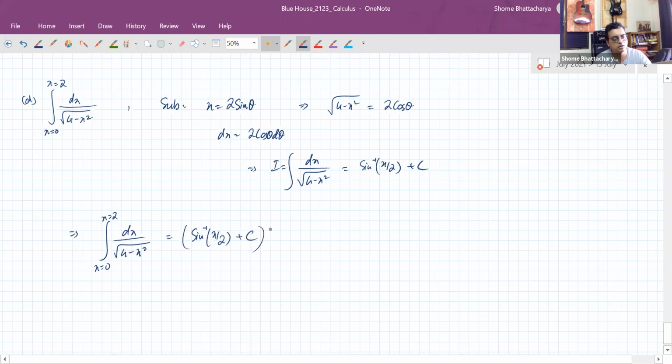On this antiderivative, we have to put the limits x equal to 0 to x equal to 2. So the upper limit will become sine inverse 1 and the lower limit will become sine inverse 0. C anyway cancels, so we need not write it also. Now sine inverse 1 is pi by 2 and sine inverse 0 is 0. So your answer is pi by 2.